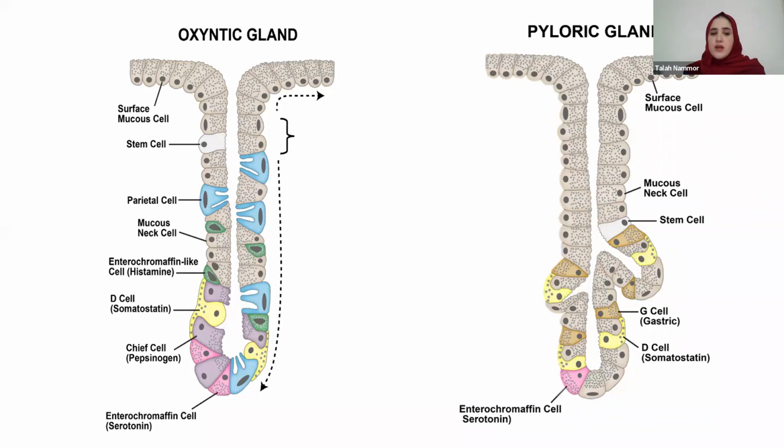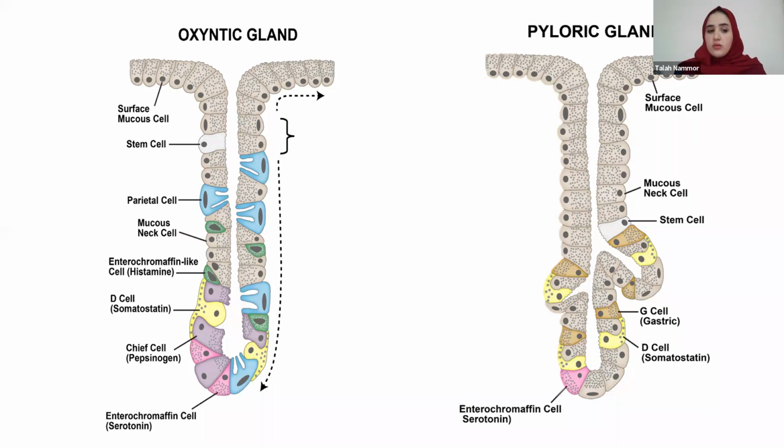So basically, for the parietal cells to secrete HCl, it requires the enterochromaffin-like cells to release histamine. This histamine will travel up to the parietal cells and bind to receptors that are specifically there to bind histamine, and this will bring about a change. This change will result in the formation of HCl.